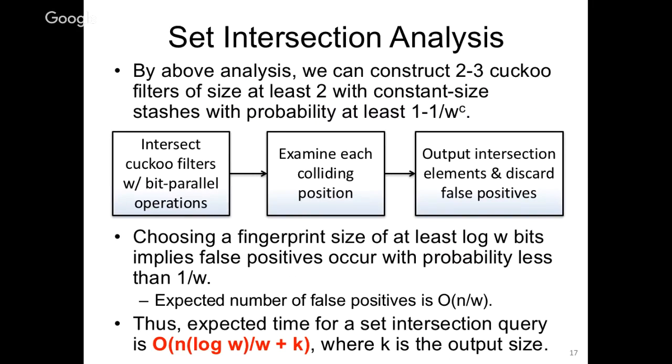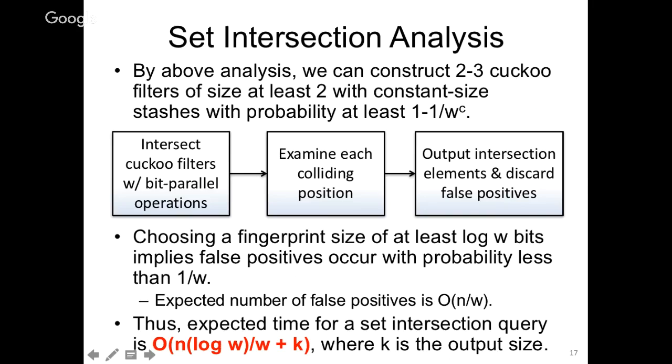So in terms of the analysis, now that you have all this power of the 2-3 paradigm, a real simple analysis says first that we're going to succeed constructing these with high probability.